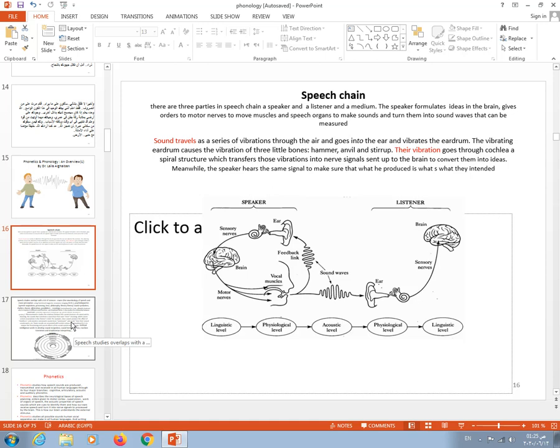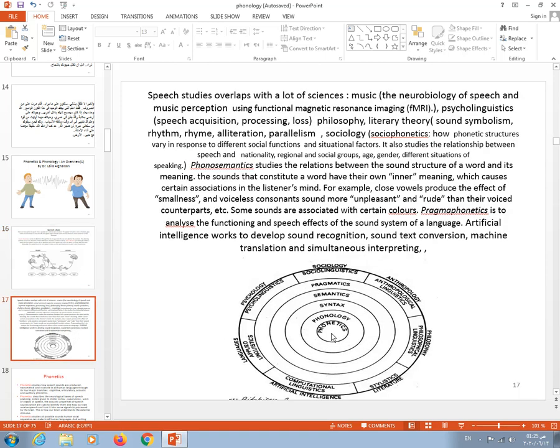Okay, let's go to how phonetics and speech are studied in different forms and by different sciences. For example, music studies speech in order to know the neurobiology of speech and music perception and what the shared features are in this regard, using functional magnetic resonance imaging, fMRI.